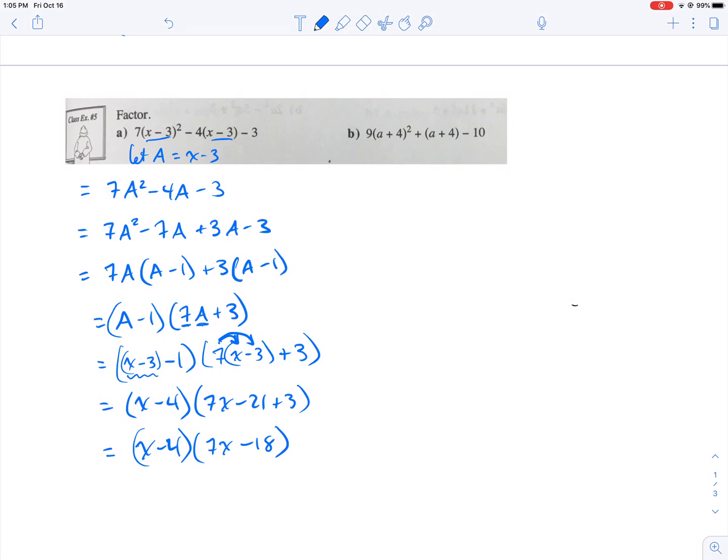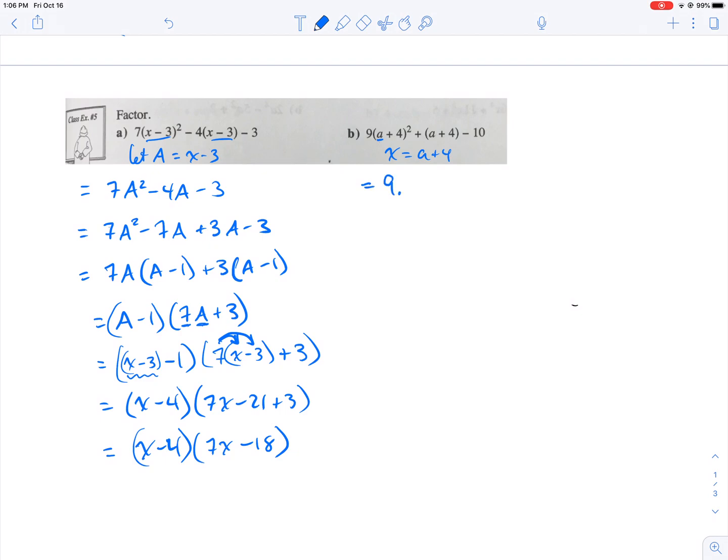Sometimes, and I think that might be the case in the next one, maybe we'll do that just to see how it looks. All right, so we have, let's say, x equals a plus 4. Doesn't matter what you replace it with, but if I have a, I'm not going to replace it with an a, right?